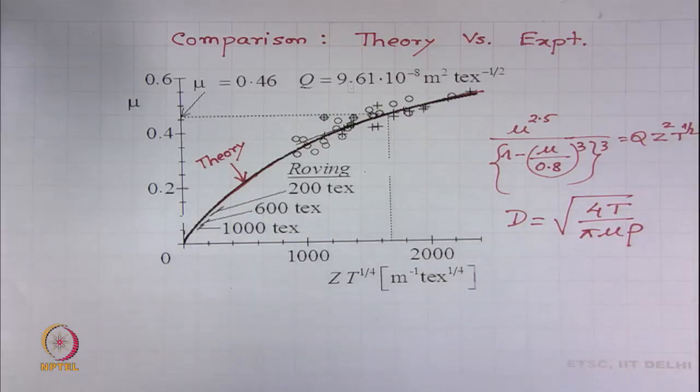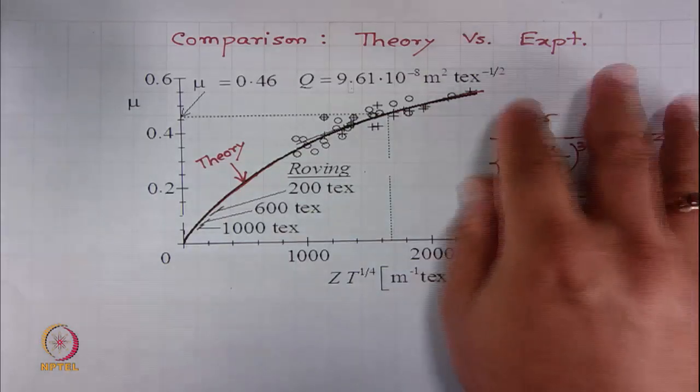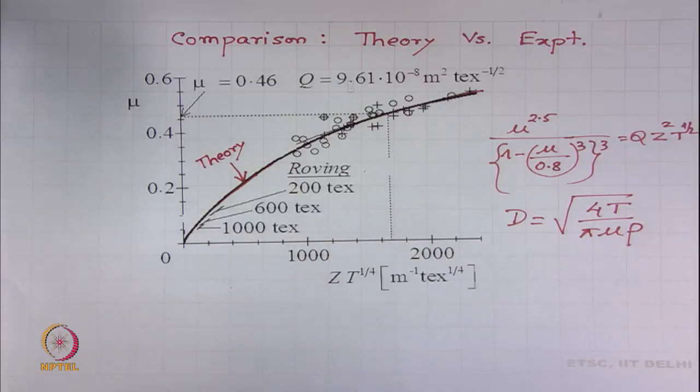So, how can we use these equations in practice? Now, this we have to learn, because we have to finally apply this equation. Suppose we have to produce a cotton carded yarn of given fineness.